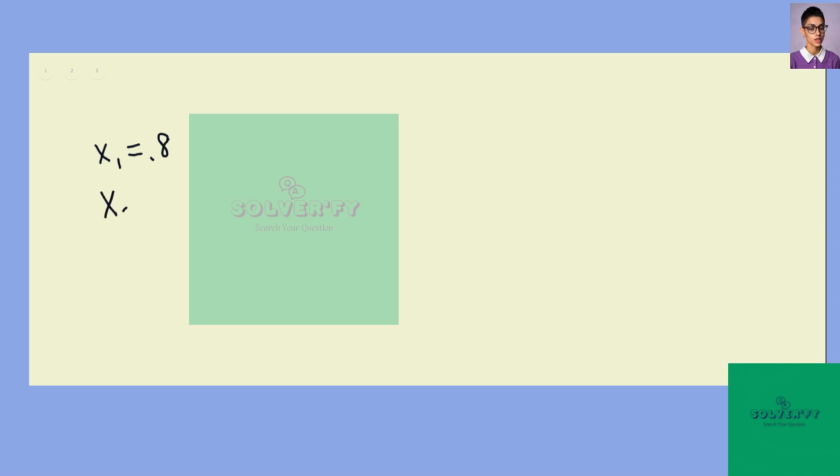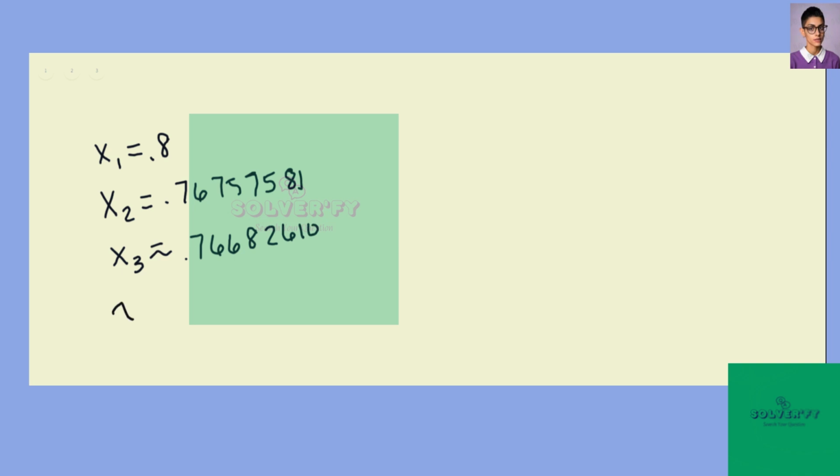And it returns to me 0.76757581. I put that in for x sub 3, and it returns to me 0.76682610.